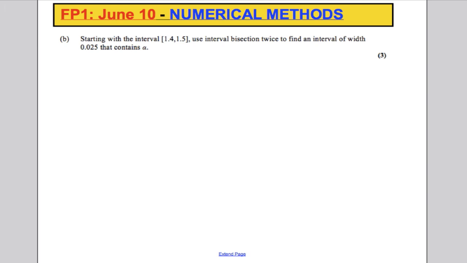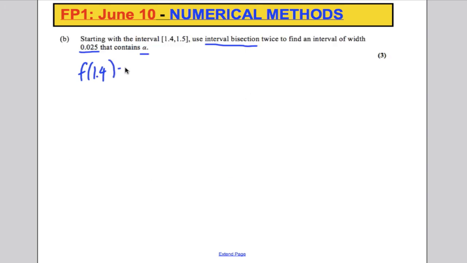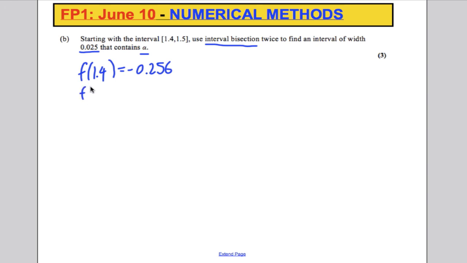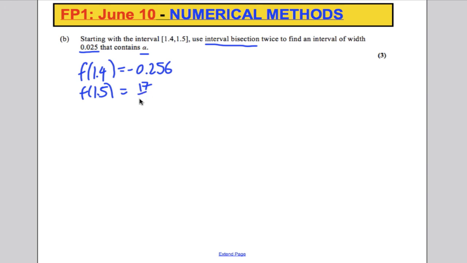Next, starting with the interval 1.4 to 1.5, use the interval bisection twice to find an interval of width 0.025 that contains alpha. So what we're going to do, we know that f of 1.4 is negative 0.256, and we know that f of 1.5 is equal to 17 over 24, which as an approximate fraction is about 0.7083 recurring.